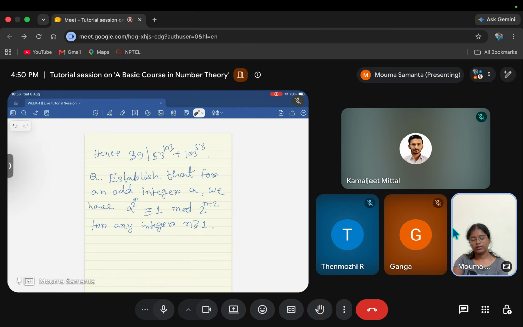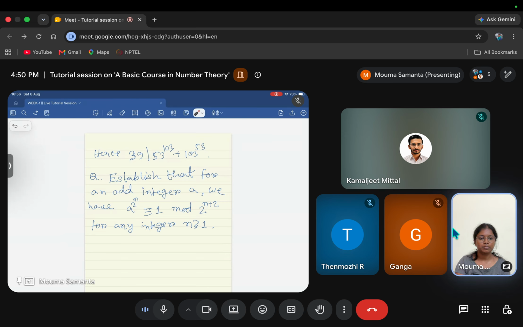Since it is asking to prove it for any natural number, what is the best method in number theory for proving such a condition? It is the use of mathematical induction.